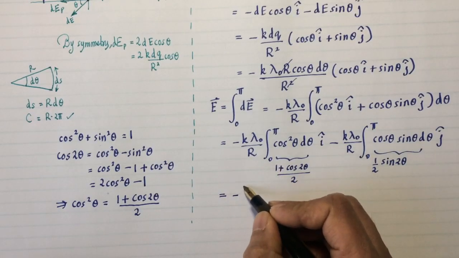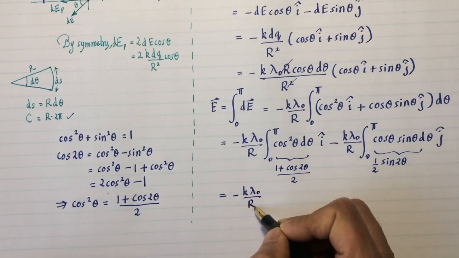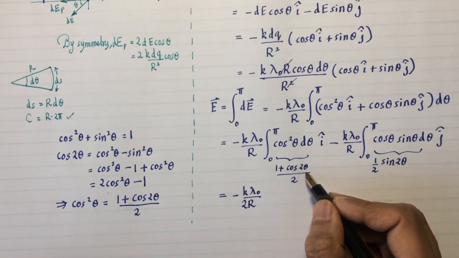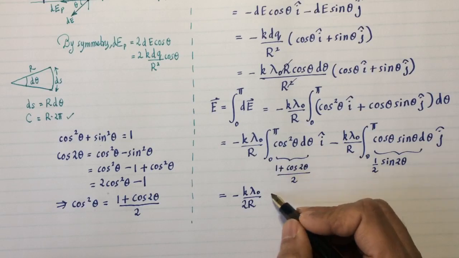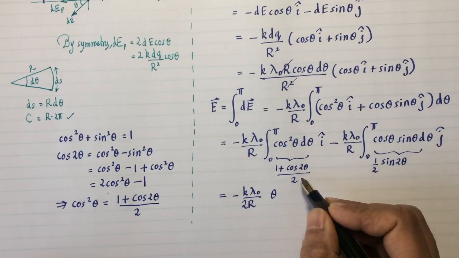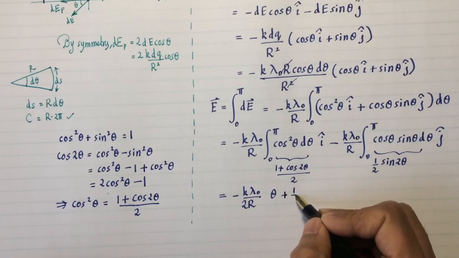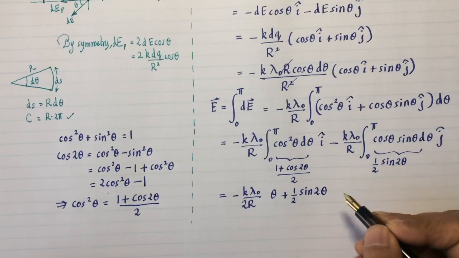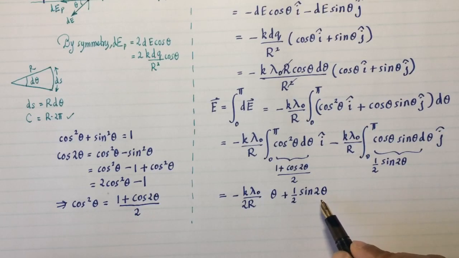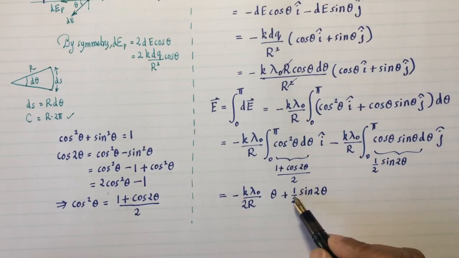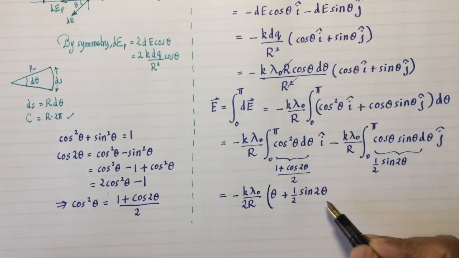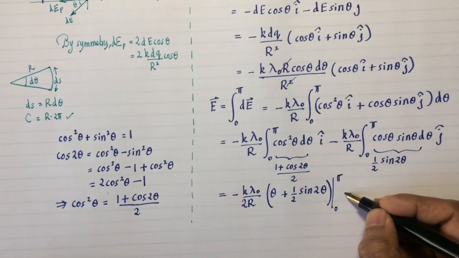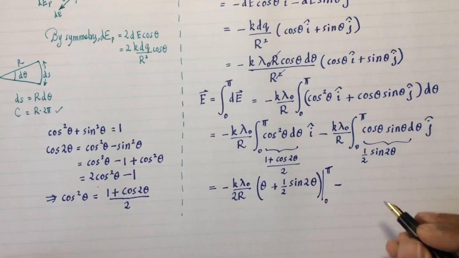So I'm going to get negative k lambda naught over r. I'll take the 2 outside, and the integral of 1 plus cosine 2 theta. Well, the integral of 1 is just theta, and the integral of cosine 2 theta is half sine 2 theta, because when I differentiate sine 2 theta, I get 2 times cosine 2 theta, which cancels this half. From 0 to pi. And what about this integral here?